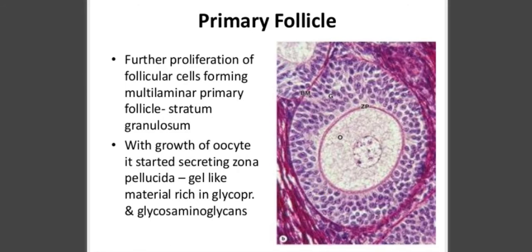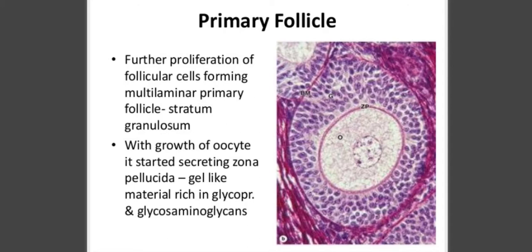Now the unilaminar primary follicle is formed, and further proliferation of follicular cells forms the multilaminar primary follicle, which we call the stratum granulosum.